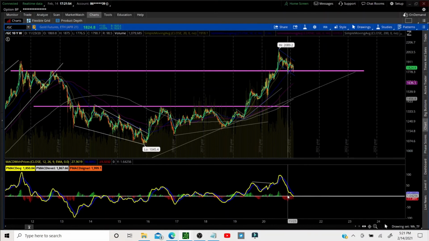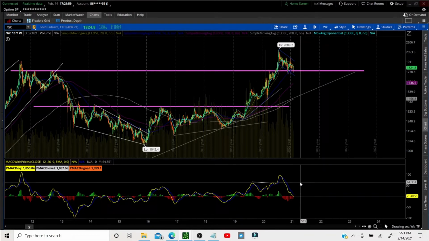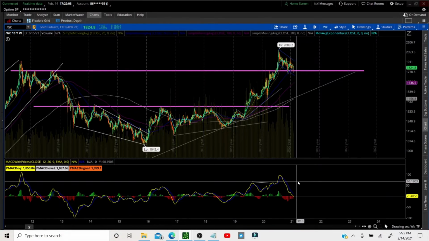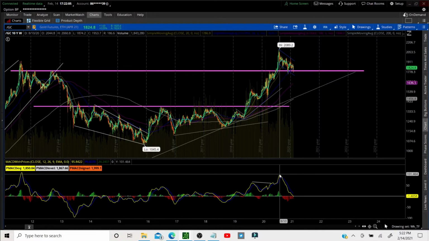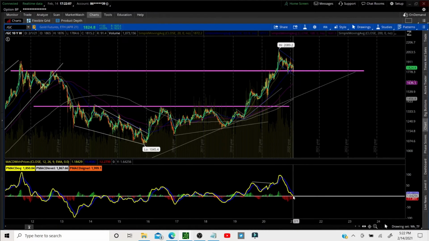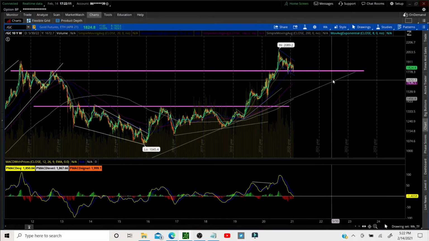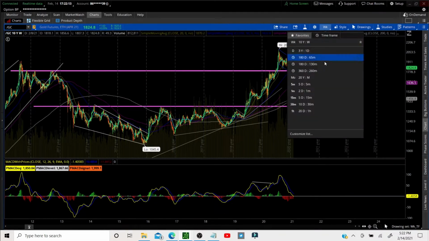So I'm looking for this to start moving sideways and headed back up, for maybe even a bear divergence at some point in the future. Maybe it's way out, another year or so. We don't know, but we're on the weekly time trend, so we have a lot of time on that.